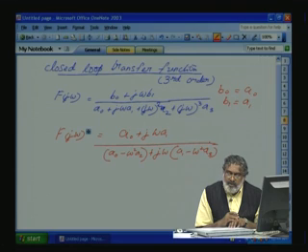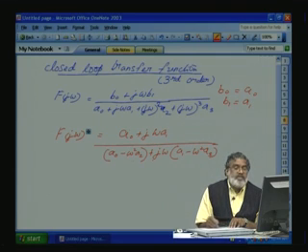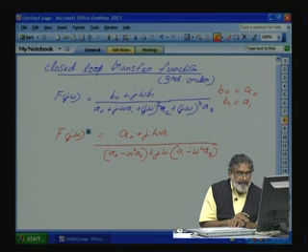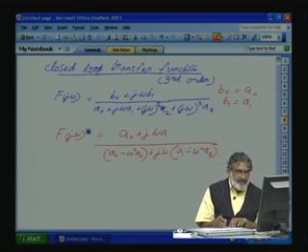Now multiplying the numerator and denominator by the complex conjugate of the denominator, and finding out the modulus.